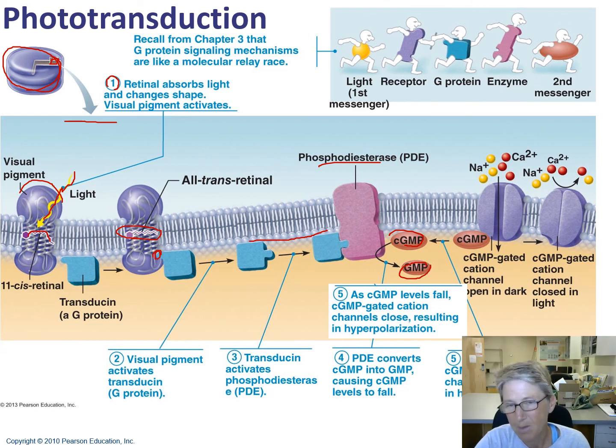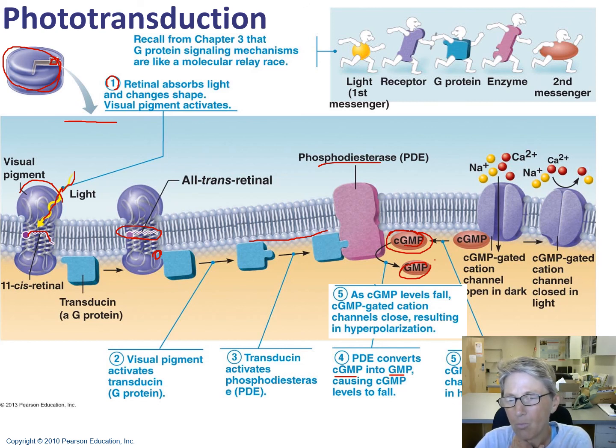It's like ATP, only it's GMP. So PDE converts cyclic GMP into GMP, and that causes the cyclic GMP levels to decrease. So when rhodopsin absorbs light, you're decreasing your levels of cyclic GMP.